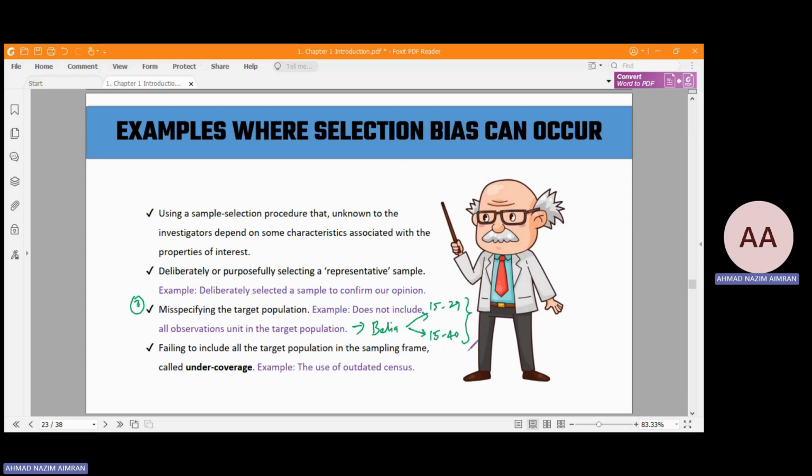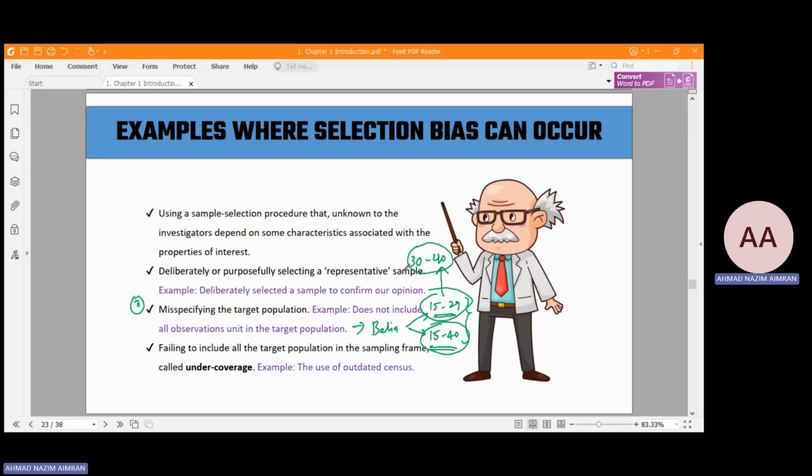So let's say you would like to conduct a study and you are using the outdated definition of belia, and the target population of your study is only those aged from 15 to 29 years old. What happened is this is the recent one, and by having this target population, you do not include those aged from 30 to 40 years old.